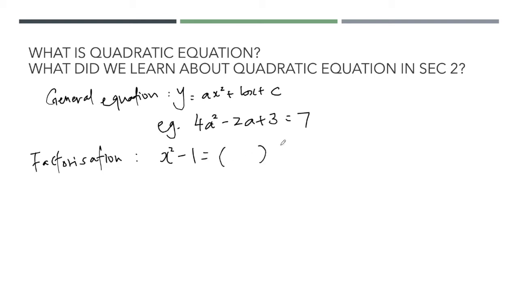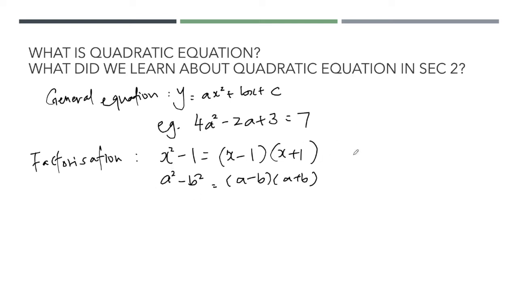X squared minus 1 is in the form of a squared minus b squared, and therefore you should have a minus b, a plus b. You have to memorize this by now, and if you've forgotten, you have to pick it up again. You should have x minus 1, x plus 1. This is one method of factorization that you have learned.